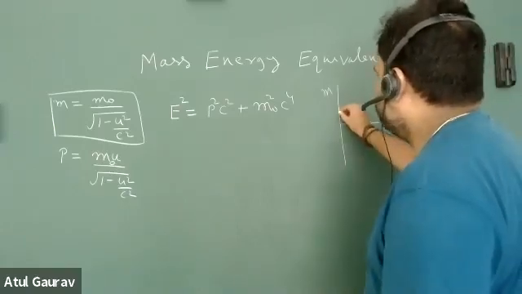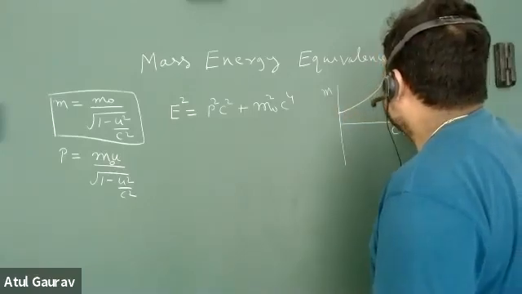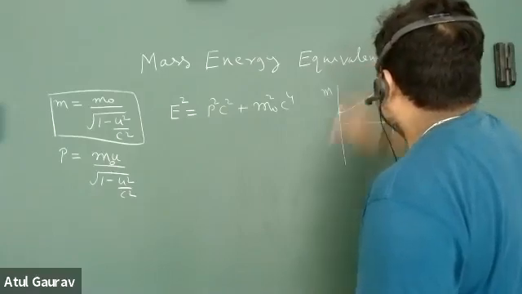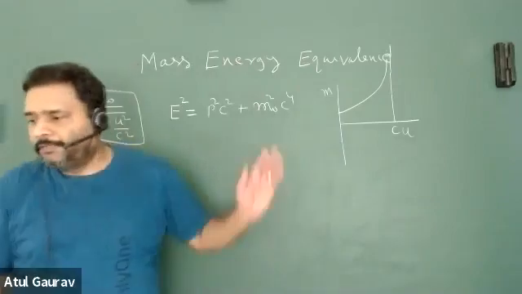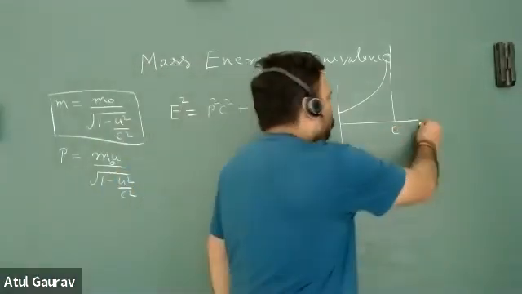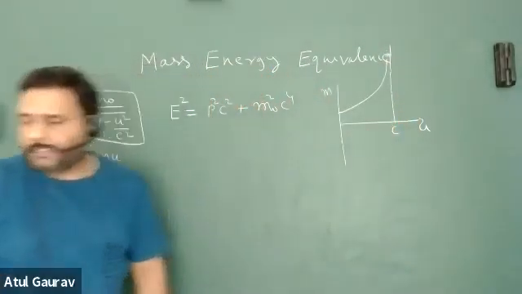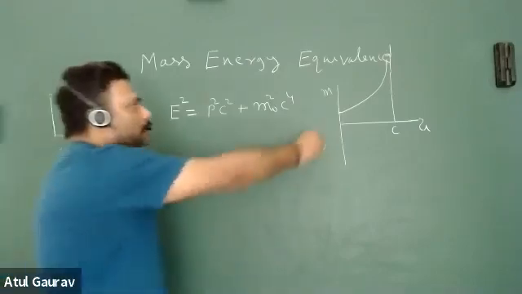We start here, and the mass keeps increasing and increasing, but it will never touch c. This is m versus u, and this particular value c is 3 into 10 to the power 8 meter per second.